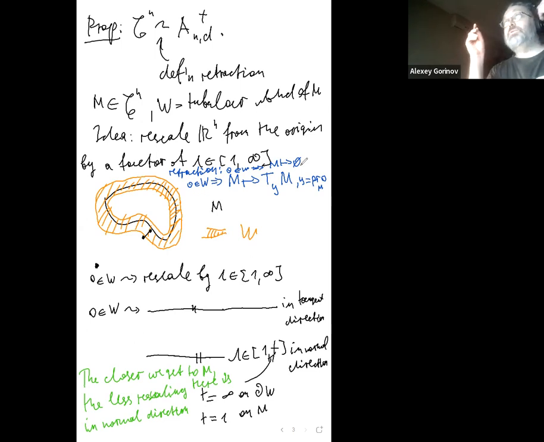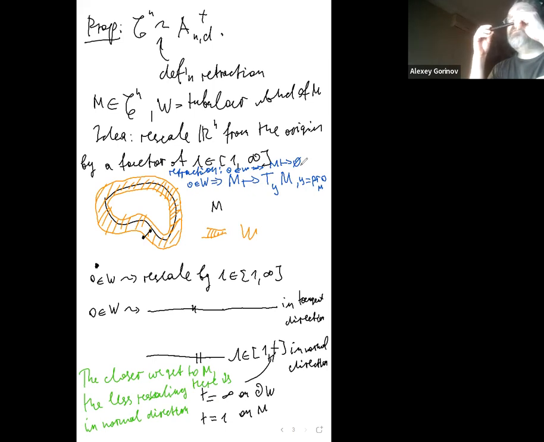and then we join this with the case when M is a plane. If the plane is far away from the origin, it goes to the empty set. If the plane is not too far from the origin, it goes to itself.